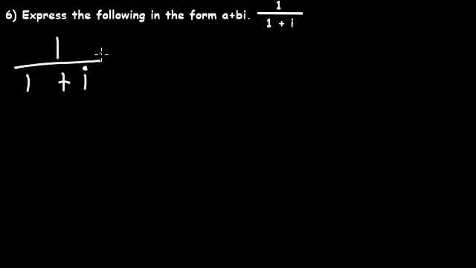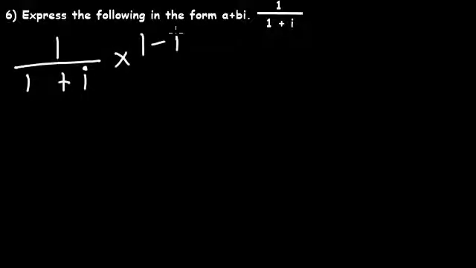Now see, the denominator is a complex number. As long as the denominator is a complex number, the next thing to do to simplify this kind of problem is to multiply the top and bottom, that is the numerator and denominator, by the conjugate of the denominator. So if the complex number is 1 plus i, what will be the conjugate? That will be 1 minus i. So you multiply the top and bottom by it.